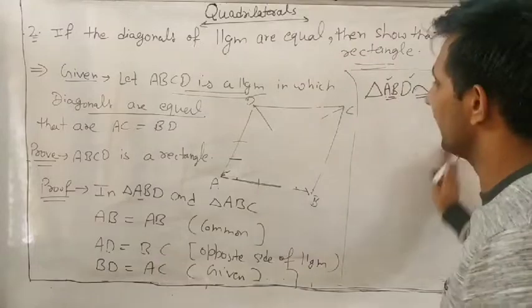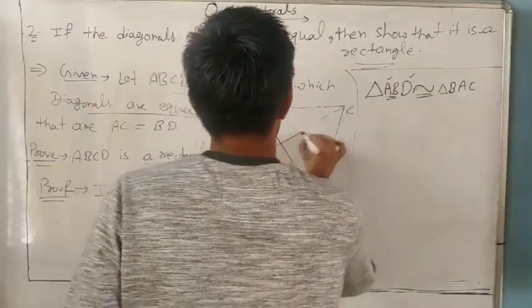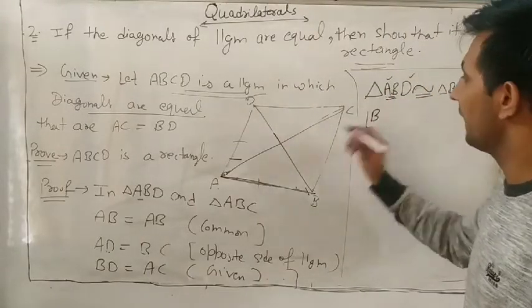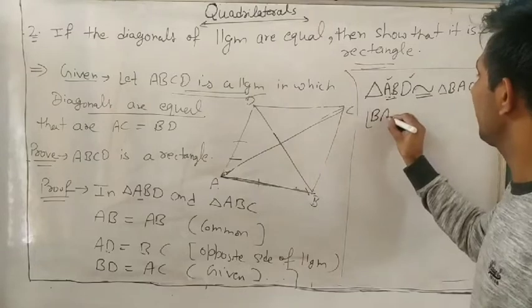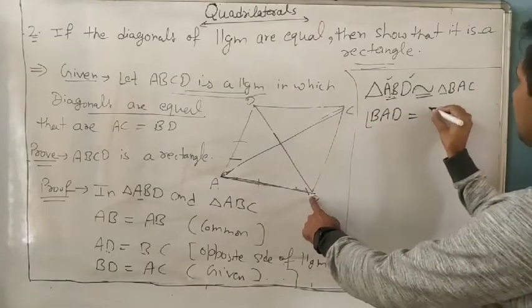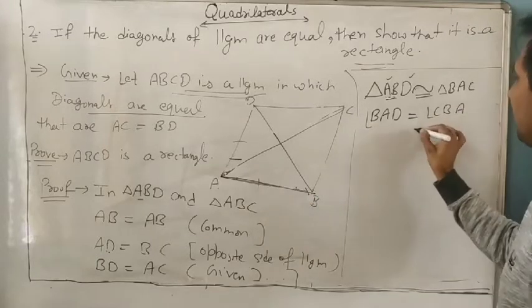Otherwise, you can write this angle A like this one. Angle is always written in the middle. So angle BAD equal to angle CBA, always with the vertex in the middle. Why?